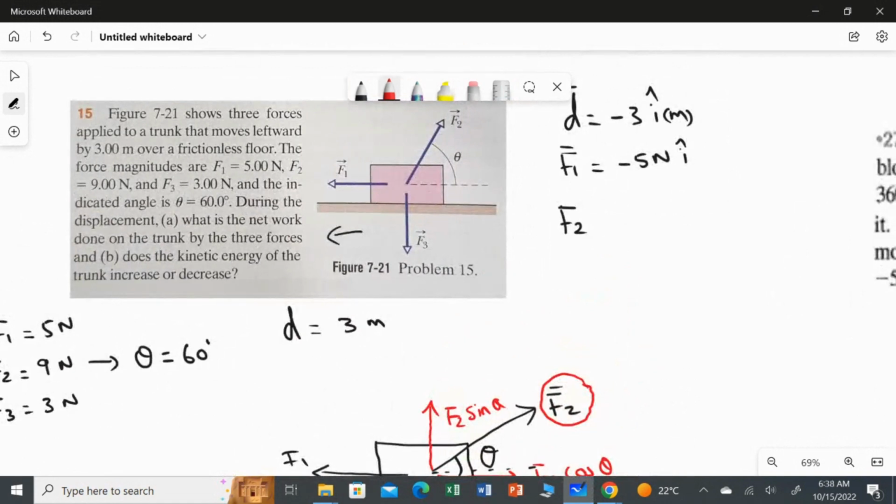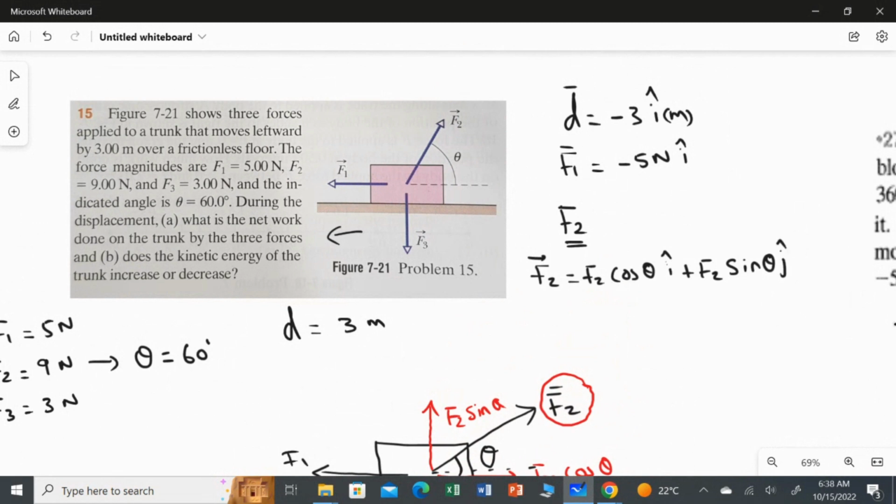How can we find it? By using the concept of the third chapter. I am going to find the F2 vector, which is equal to the magnitude of F2 multiplied by cosine theta i cap, plus the magnitude of F2 multiplied by sine theta j cap.